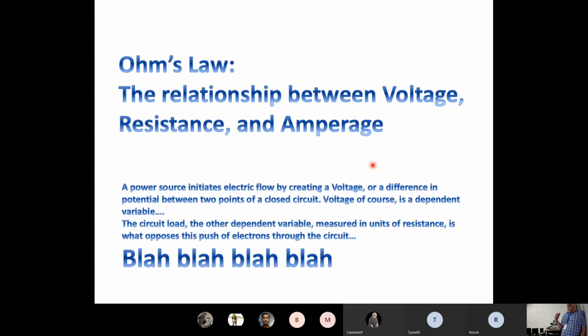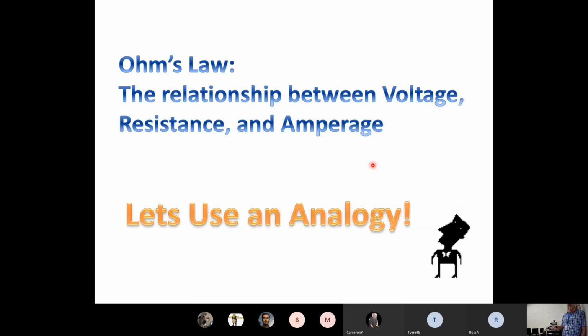Okay, so that's all we needed, the relationship between voltage, resistance, and amperage. So let's use an analogy. Let me just get you ready for it. It's a little cheesy, a little rudimentary, very simplified, elementary maybe.